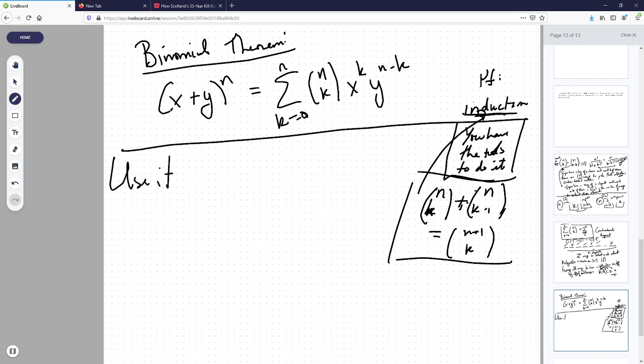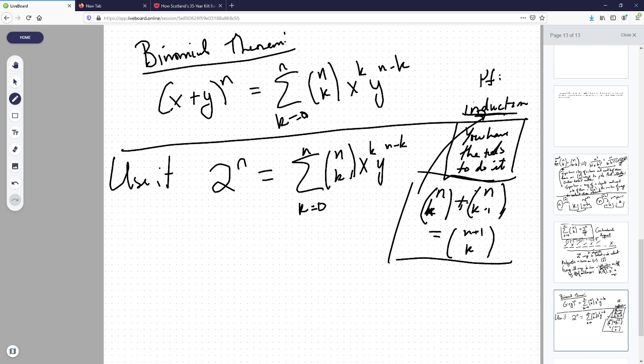And so what we want to show is that 2 to the n is equal to the sum of k equals 0 to n of n choose k, x to the k, y to the n minus k. So actually this proof is pretty easy.